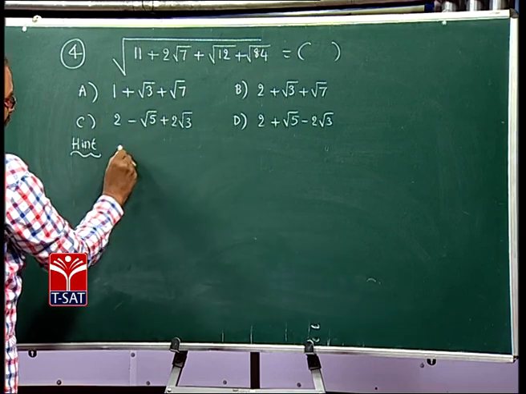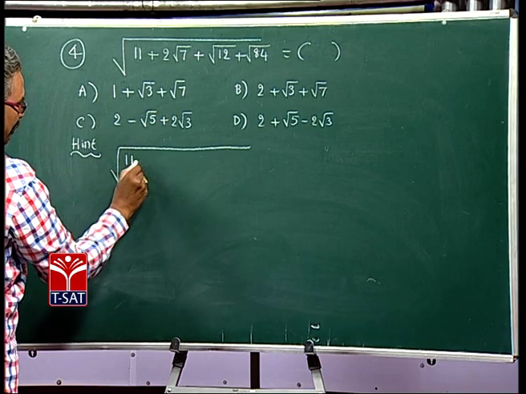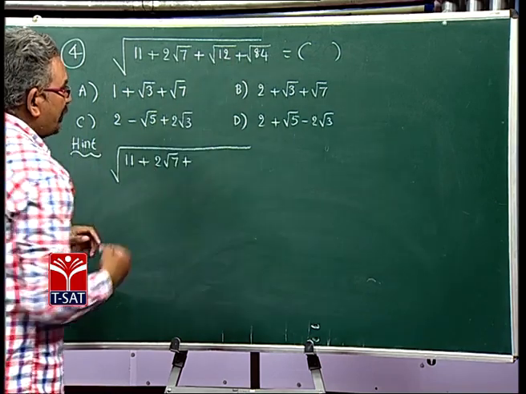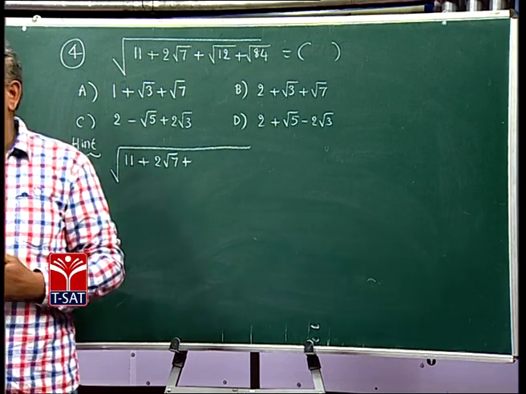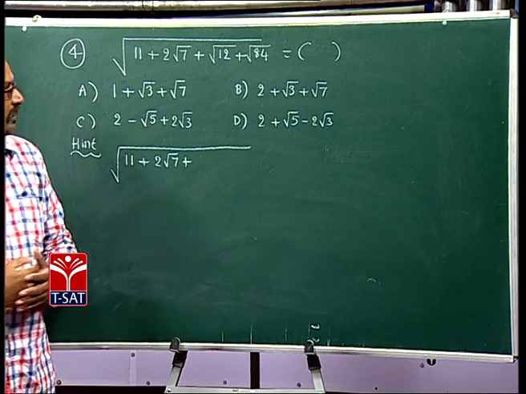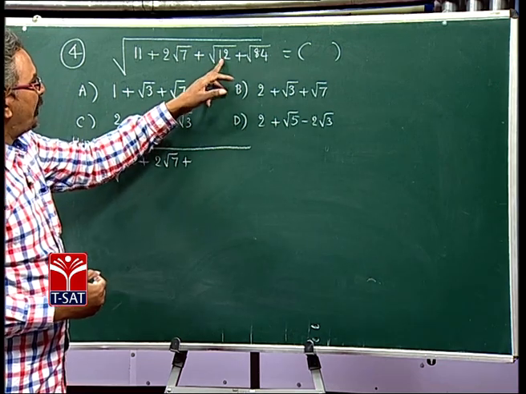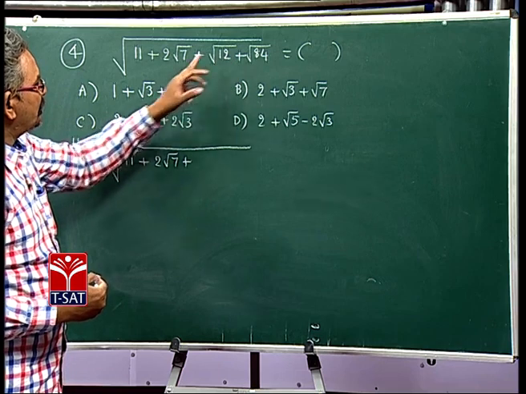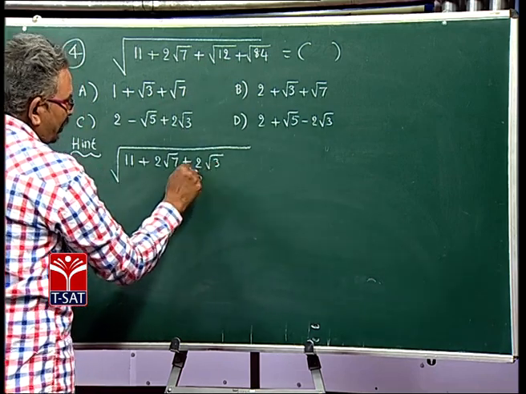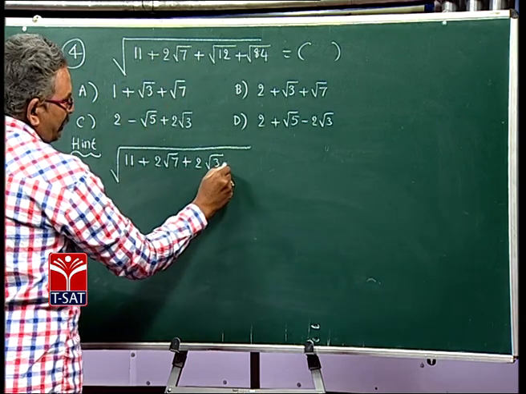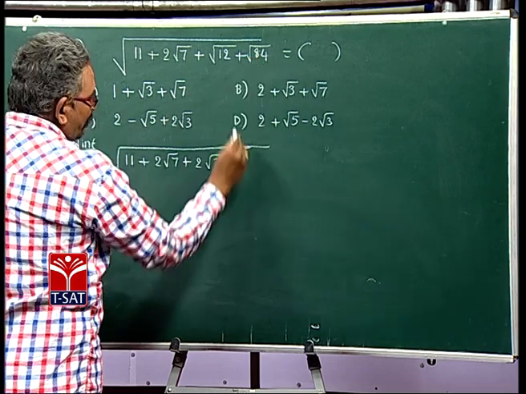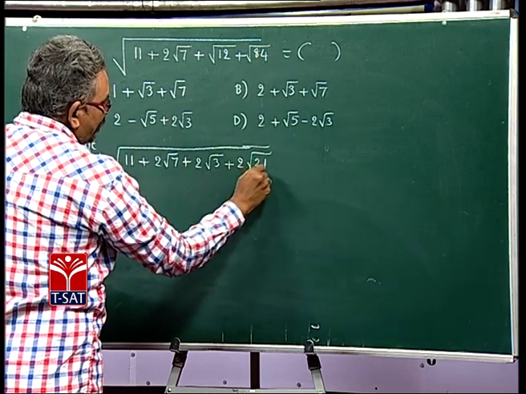This is square root of 11 plus 2 root 7. We have to change as a simplest form. So simplest form means 4 into 3. 4 into 3 means we can write this one as 2 root 3, or root of 4 into 3 is equal to 12 only. This is 4 into 21, 4 into 21 means 2 root of 21. Now it is in standard form.